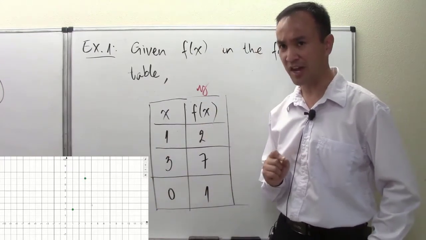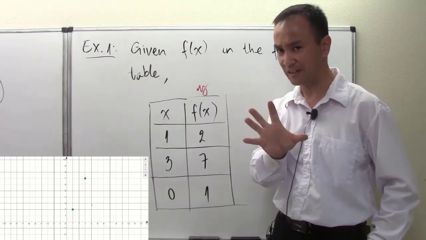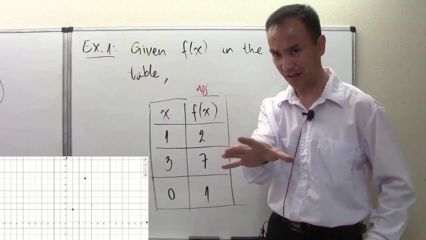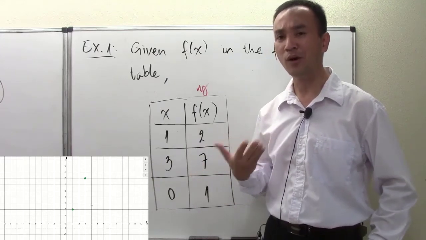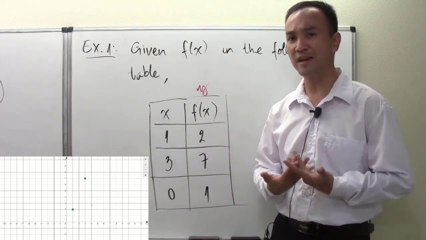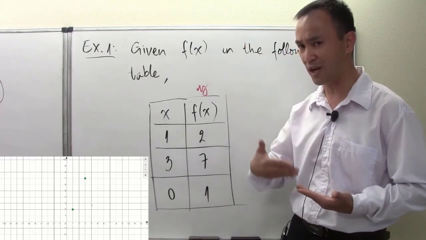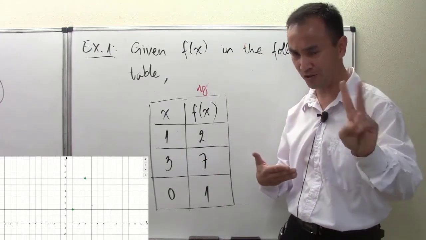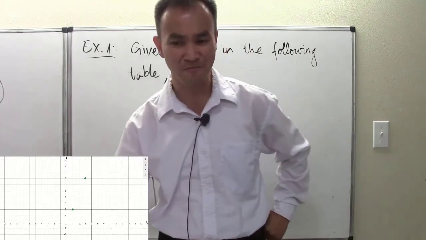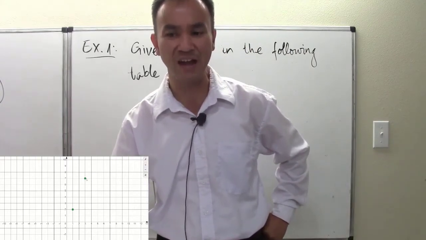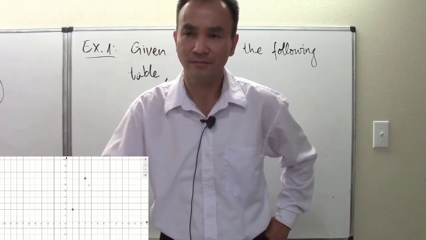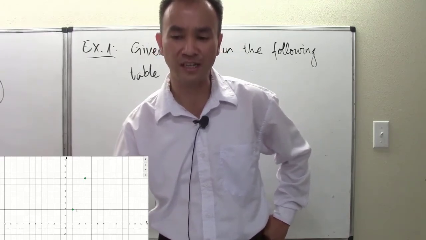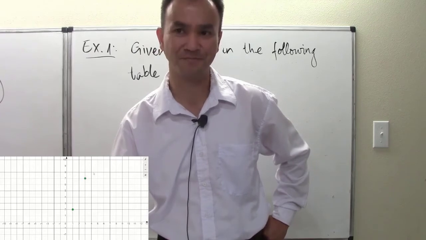I was saying earlier that having the graphical version of this table makes it look better, makes it more understandable, and gives us a better sense of how high or how low a point reaches. So now at least we have two points on the graph. See, when x equals 3, we have a higher point, a higher value. Among the two points, I can see that there's a rise.